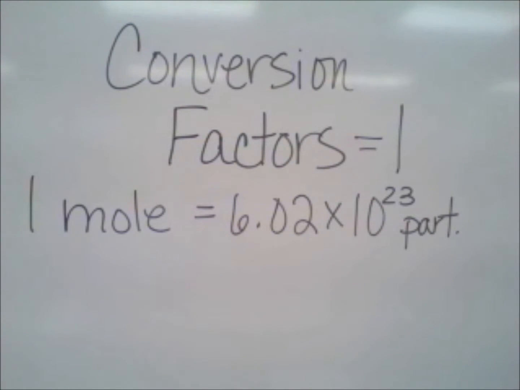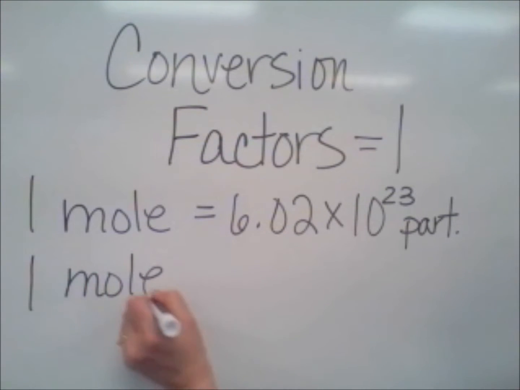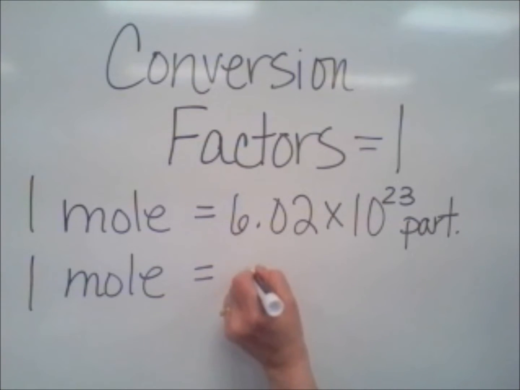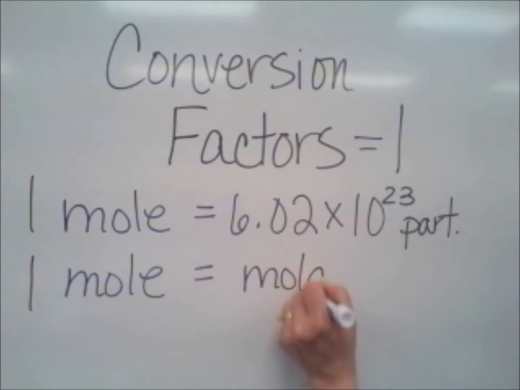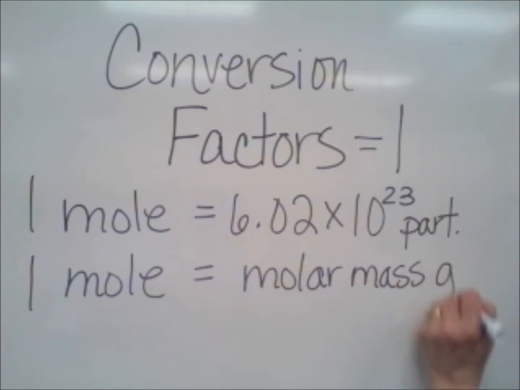The second piece of information that we know is if we have a mole of a particular substance, it will actually equal the molar mass in grams of that particular substance.